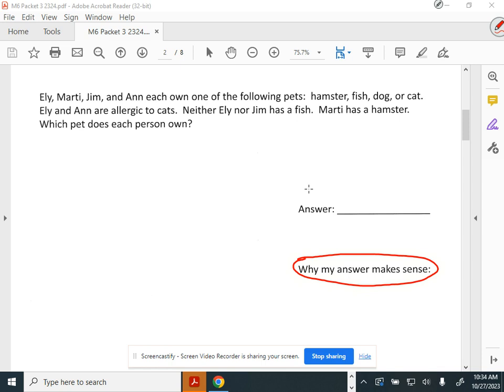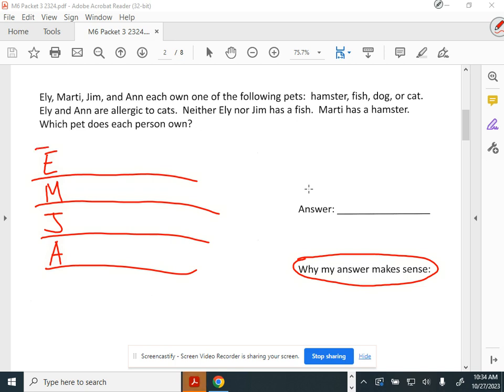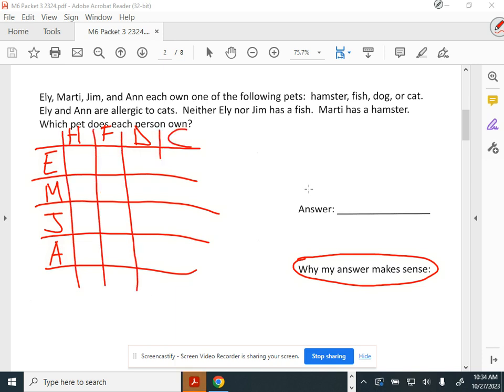So we're going to have Eli, Marty, Jim, and Ann. Then we need our animals: the hamster, the fish, the dog, and the cat. And I'm going to mark in here what I know. I know Eli and Ann are allergic to cats, so Eli and Ann can't have the cat.